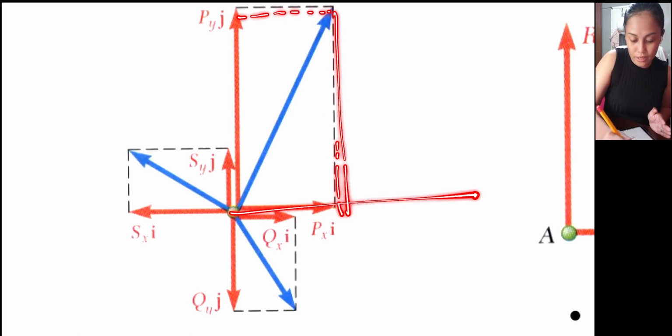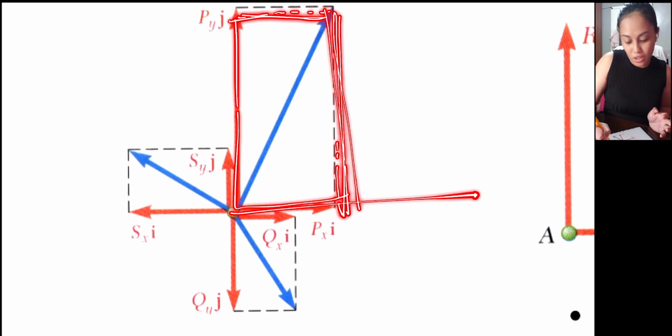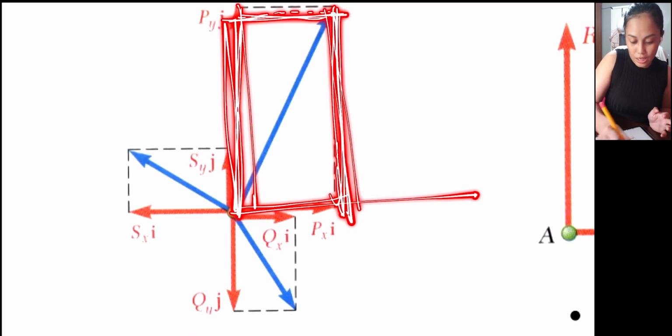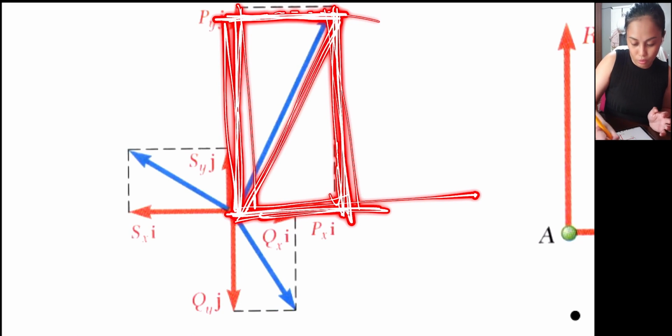In this case, it is in the xy plane, so we get the parallelogram, which is equivalent to a rectangle. This line is parallel to this component of this force P.